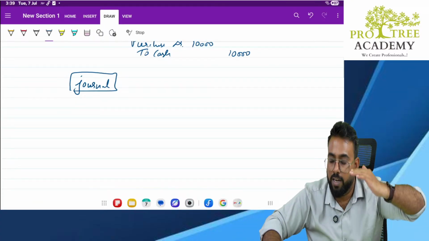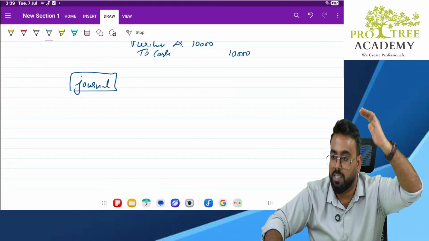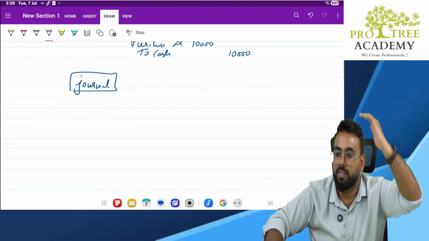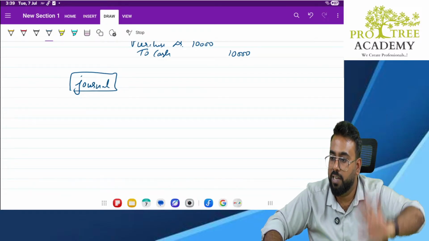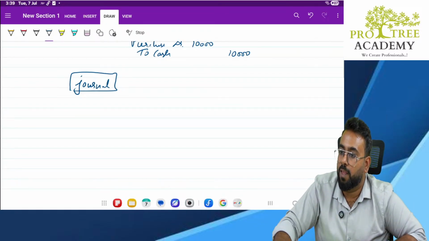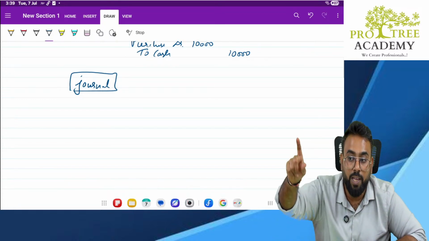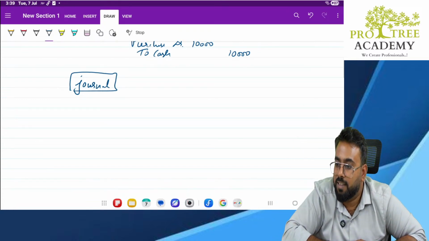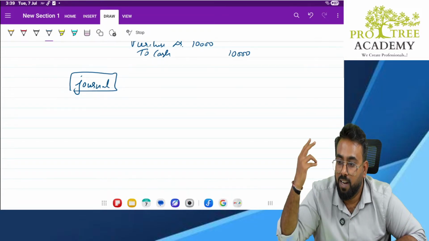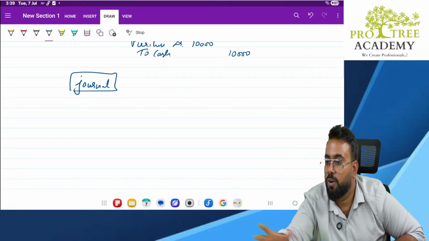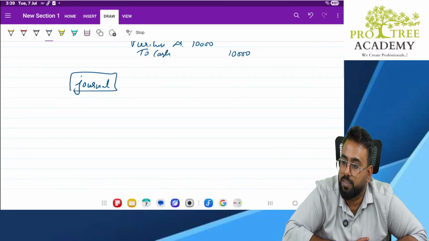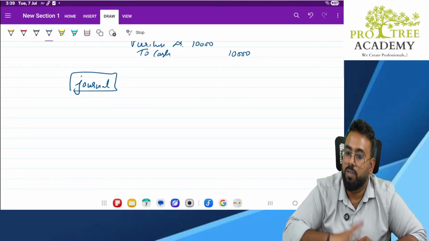In the sequence in which the transaction has happened, in that sequence only you record the transaction in the journal. Clear? Everybody is following? So, who can maintain the journal? A bookkeeper can maintain the journal. Skill and technical knowledge are not much needed. Record all the transactions at one place. Clear? So, that is your journal.